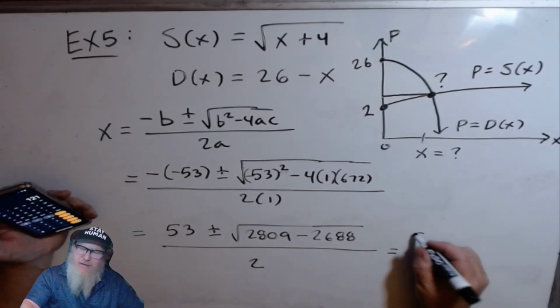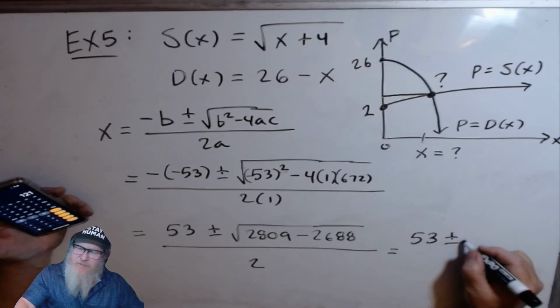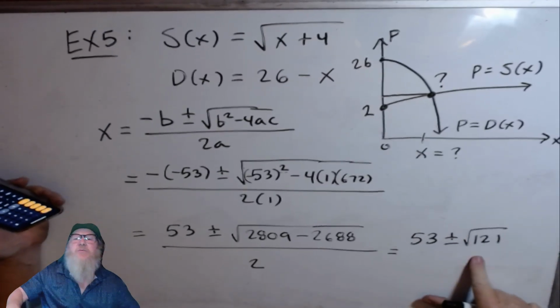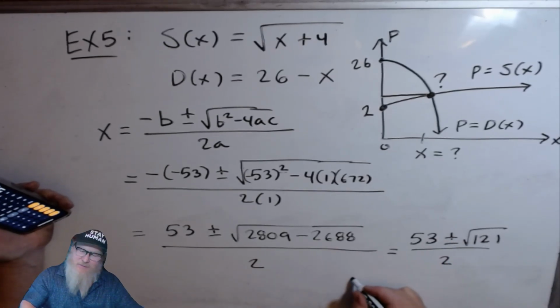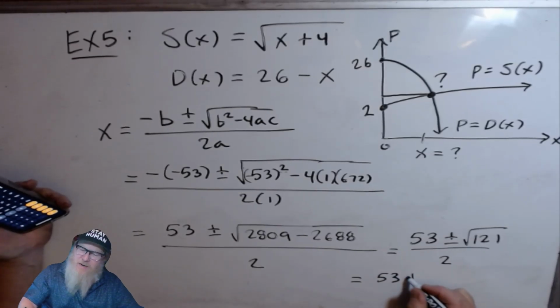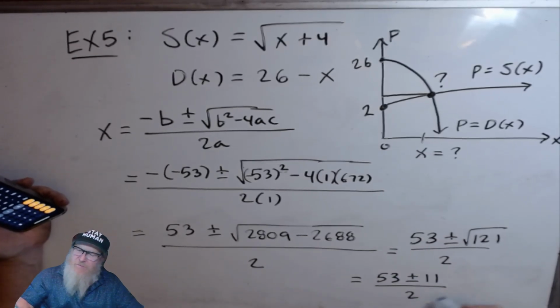Oh, look at that. I love when that happens. Perfect square. 121 when you subtract those. 53 plus or minus 11 over 2.